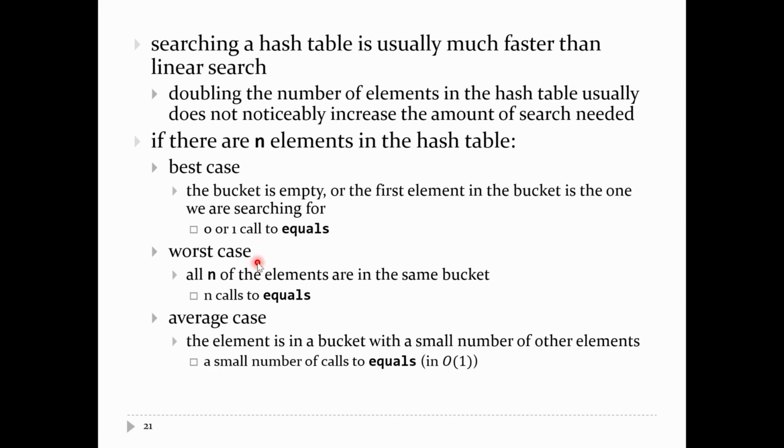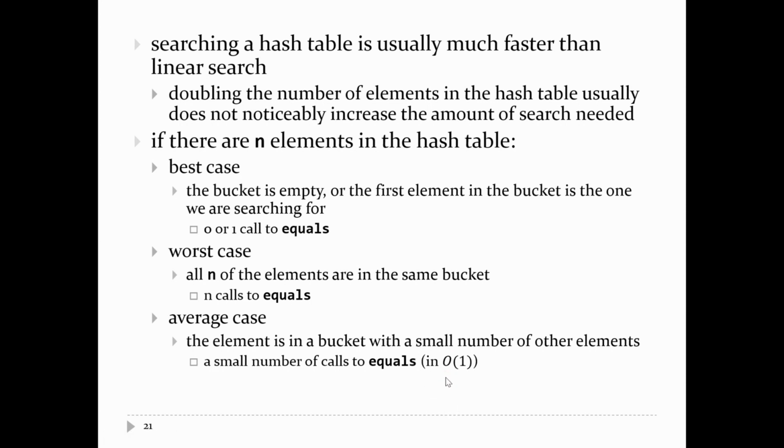Now in the worst case, in a naive hash table, there's nothing preventing the hash table from putting all of the elements into the same bucket. So in the absolute worst case, all of your elements are in the same bucket, and now the hash table basically has to call equals on all of the elements in the bucket. So that's O(n) time. So O(n) is the worst case complexity for searching a hash table.